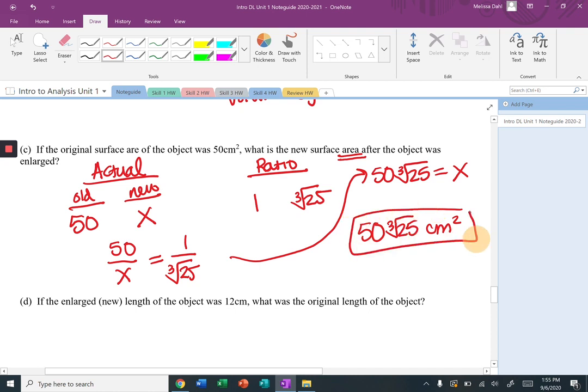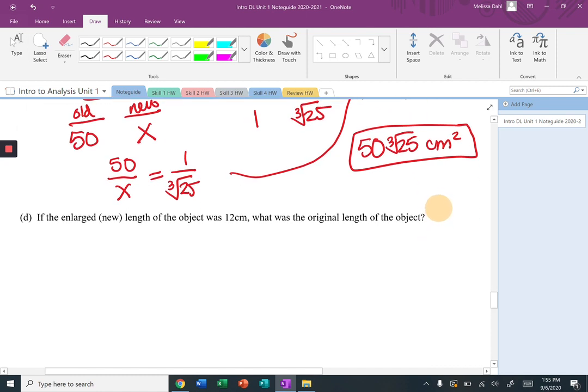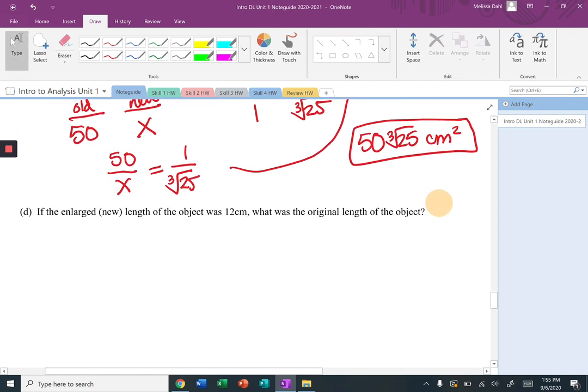Same idea with part D. So they said if the enlarged or new length of the object was 12 centimeters. So they're giving us an actual measurement. We want to compare the old to the new. This time they gave us the new, and they asked us for the original. Now, this was about length. Length is a dimension or a side length or part of the scale.